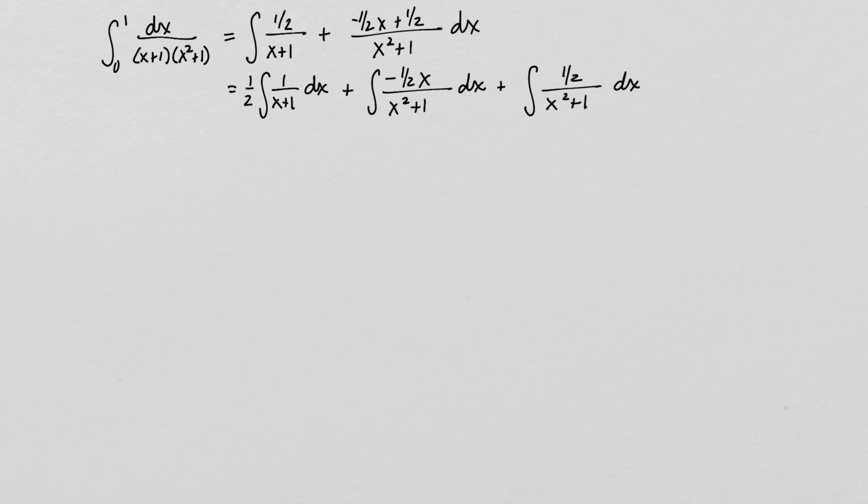And so now I have these three integrals to work out, and they're all between 0 and 1. Once I figure out what we're doing, then we'll have to plug in 0 and 1.